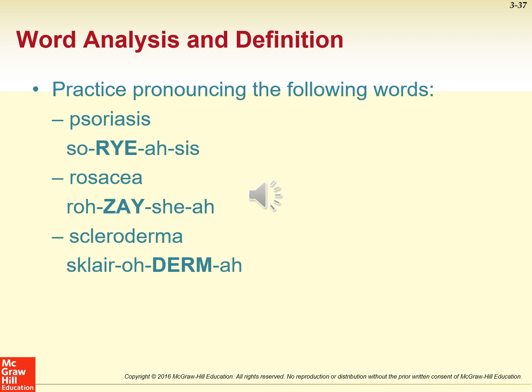Rosacea, otherwise known as persistent erythematosus, is a rash of the central face. And then scleroderma. So that's going to be a thickening and hardening of the skin resulting from new collagen formation.